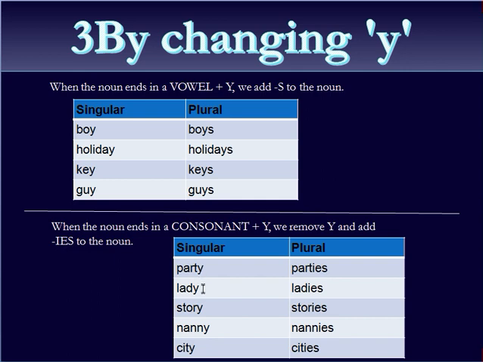In all of these nouns, the last letter is y, but before the y, we have consonant letters, like T, D, R, N, and T. So whenever at the end of the noun we have a consonant plus y, like ty, dy, ry here, we remove the y and replace it with ies.